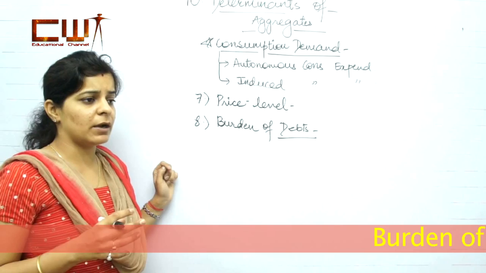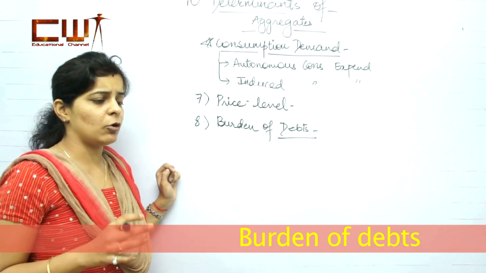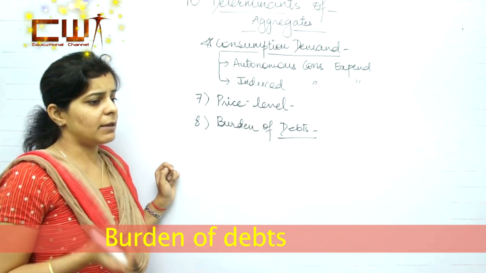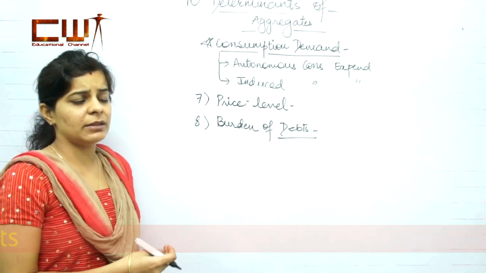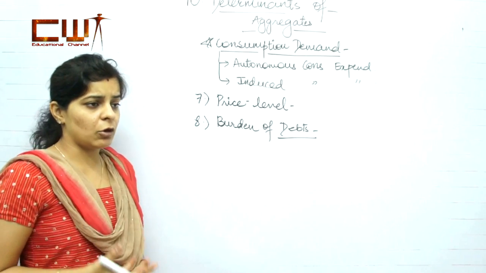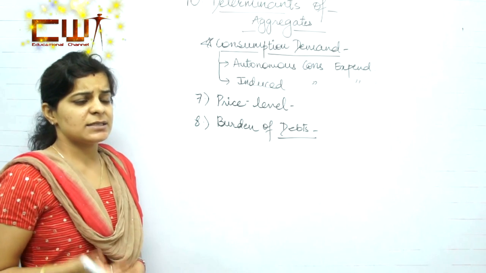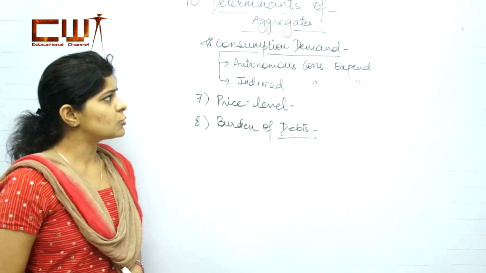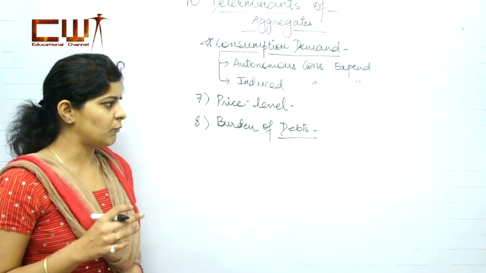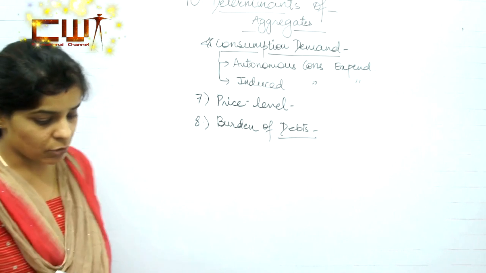If I am overburdened with debt or any amount of loan that I have to repay, then my consumption will go down. But if my life is free and I don't have anything to pay to anybody, then I have a lot of money with me, so I can spend the money the way I want and consume more. So consumption demand will go high if my burden of debt is low.